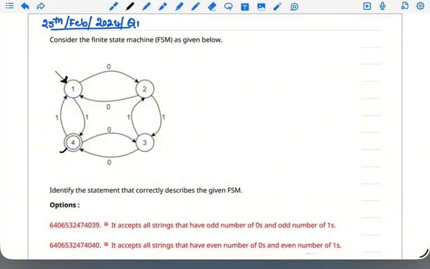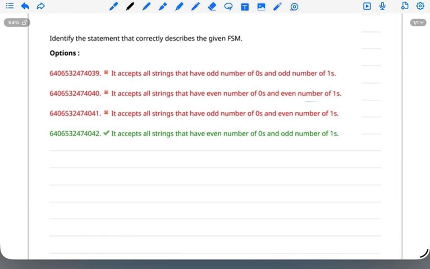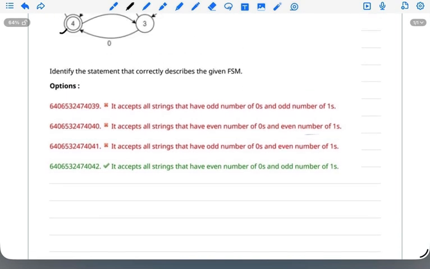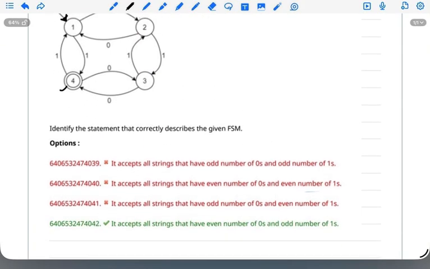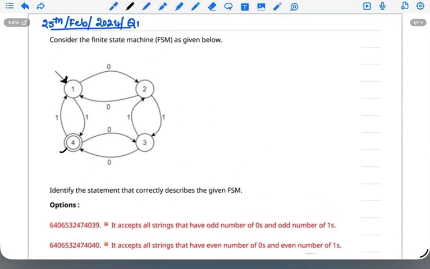Identify the statement that correctly describes the above finite state diagram. There are 4 options given in the question, and we need to find which option correctly describes the FSM. So what is this finite state machine? It keeps track of binary counts.